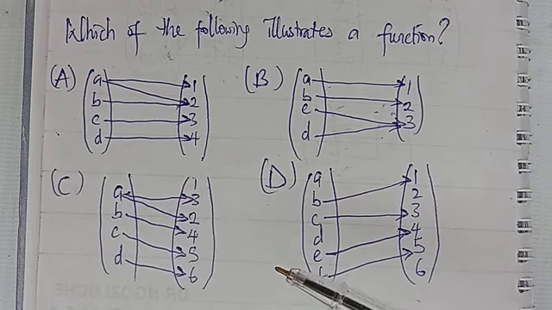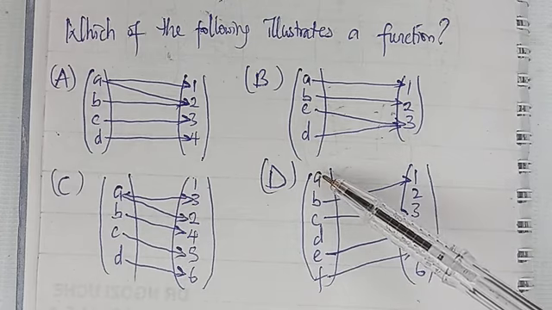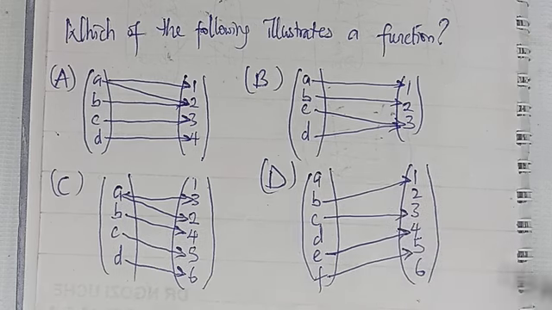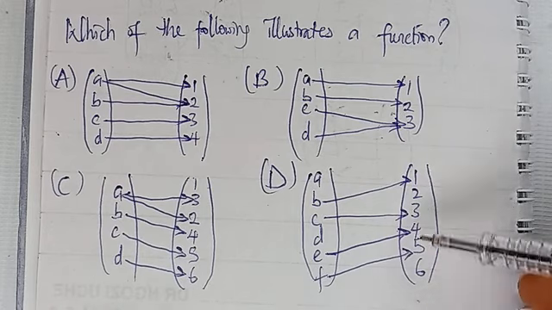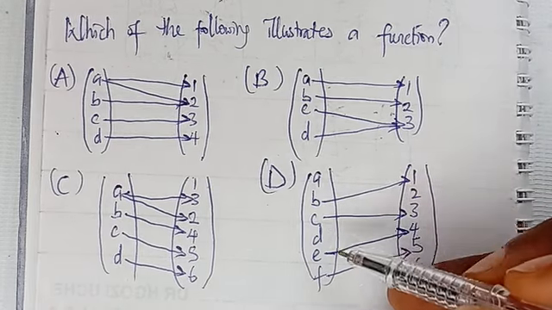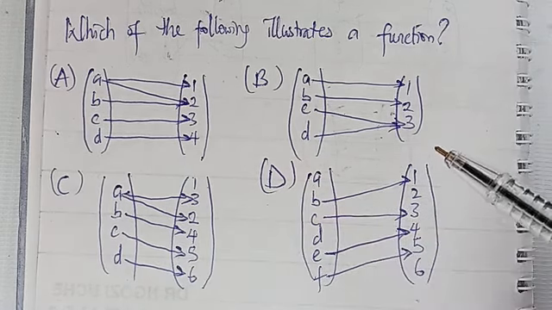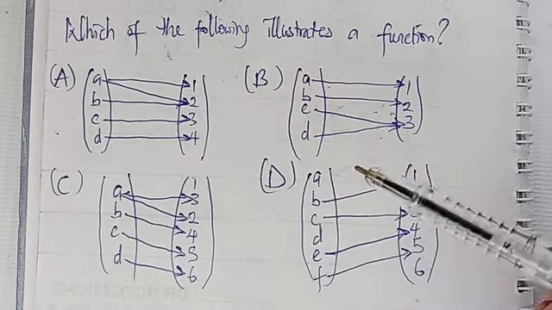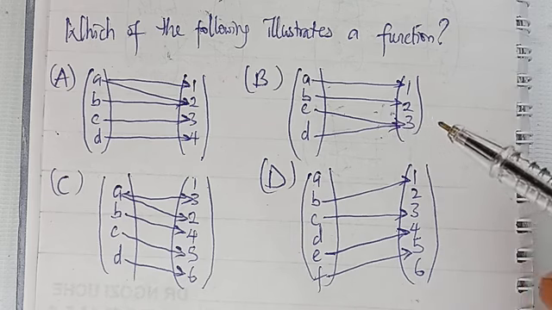So this is disqualified. Then we look at this. This is also disqualified because not every member of the domain is mapped to a member of the codomain. So A is not, C is not, B is, and D is not. So B is the only function that we have here.